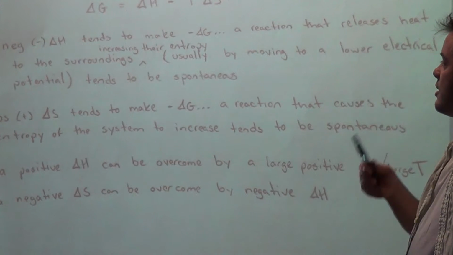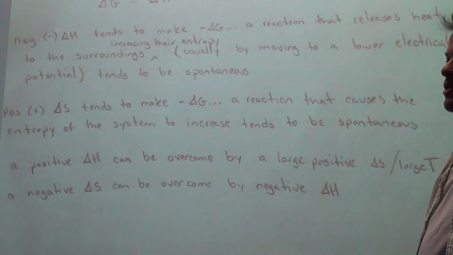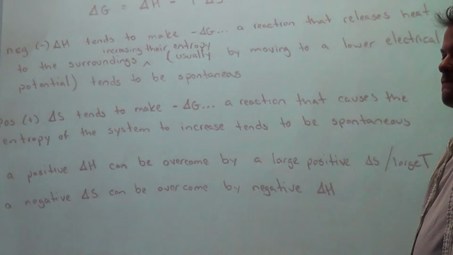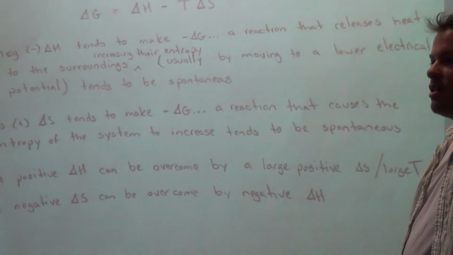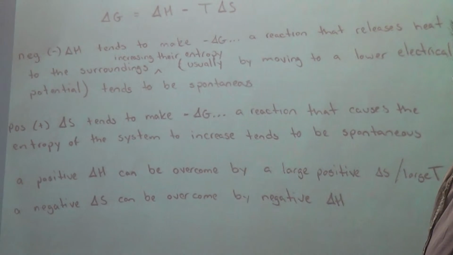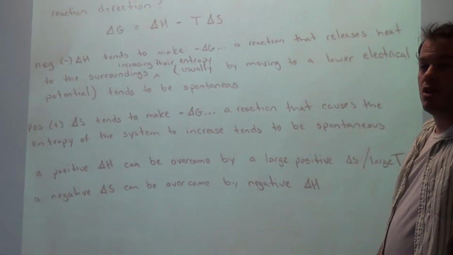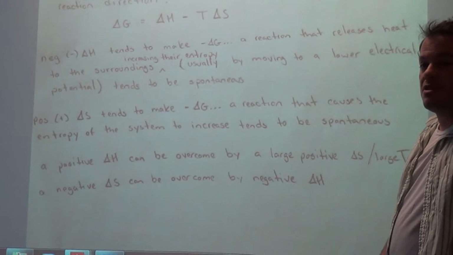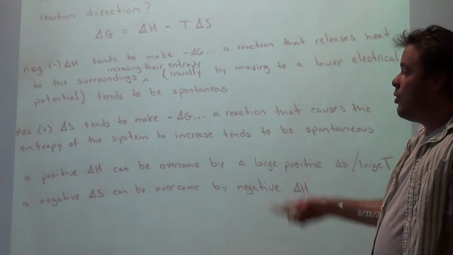When we originally derived the delta G equation, what were the principal things that we were interested in? Entropy. We said that the entropy of the universe had to be increasing. So delta S of the system and delta S of the surroundings, the sum of those had to be greater than 0.